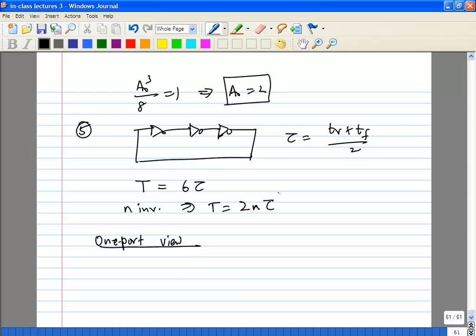We looked at the feedback model. The other kind of model which is very useful is what is called a one port model. The basic idea is you have a resonator, which is an LC tank, connected to an active circuit.